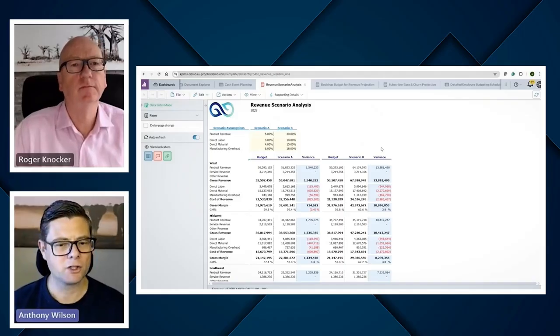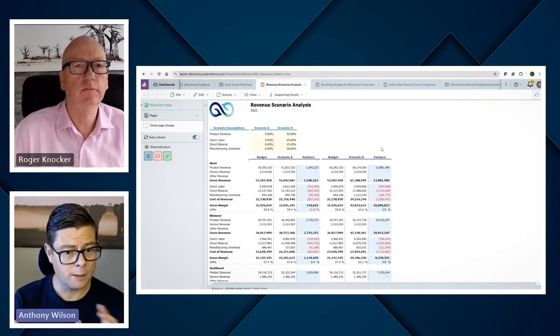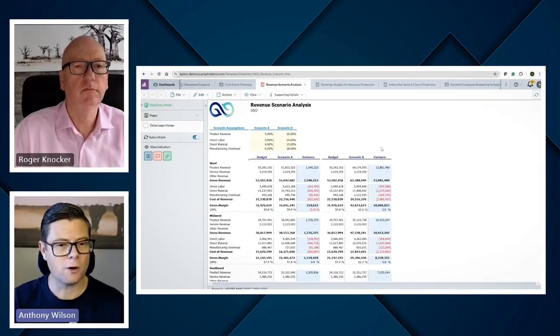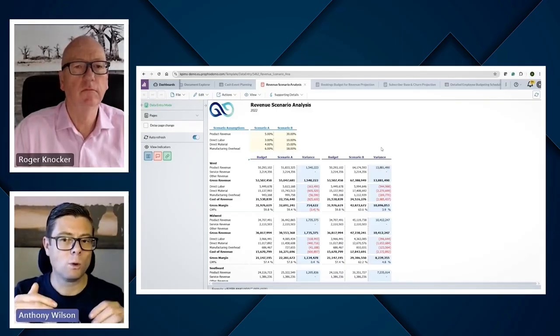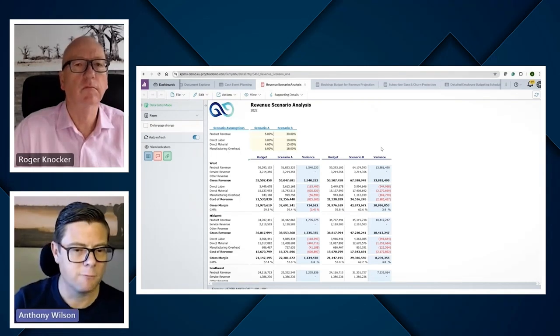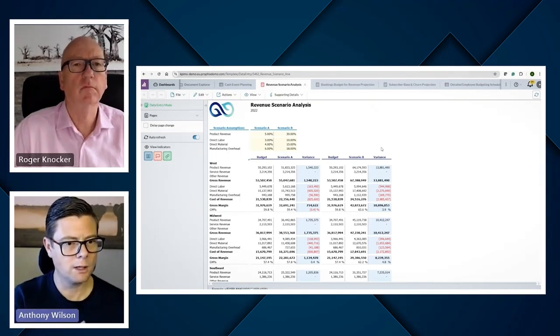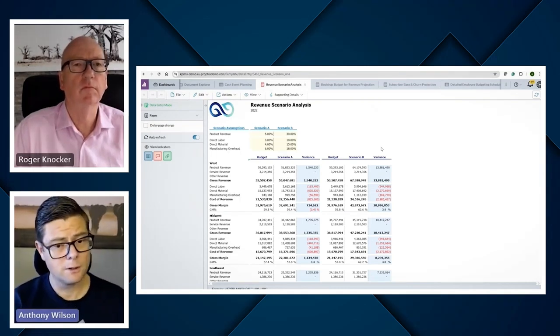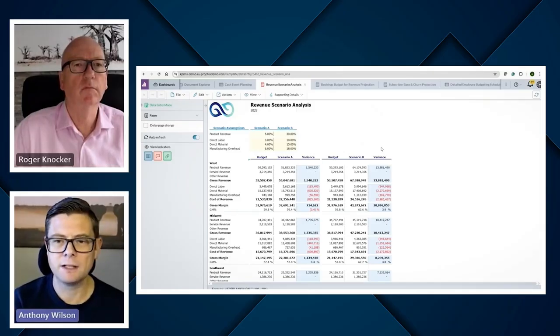So driver-based budgeting allows you very quickly to change that budget or forecast or scenario based on what is happening in the market. You might be 3 months into your new year and you realize the market's very different to what I anticipated. I can very quickly replan the rest of the year by changing those drivers.